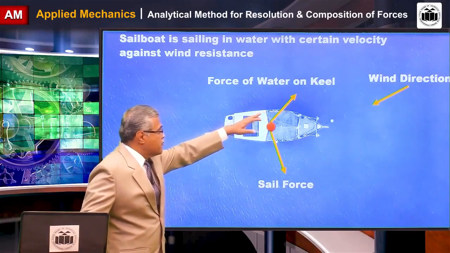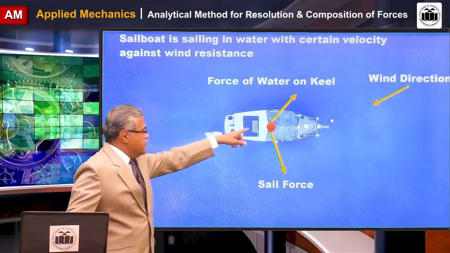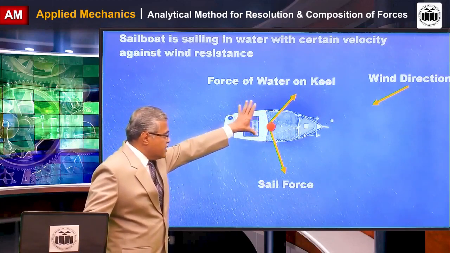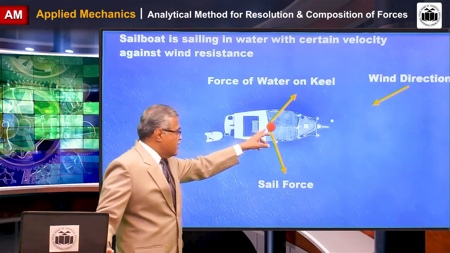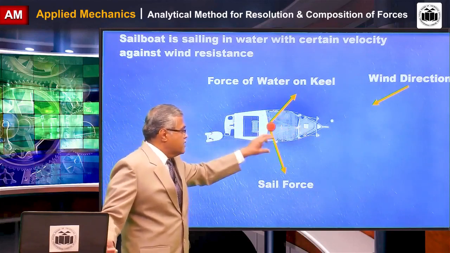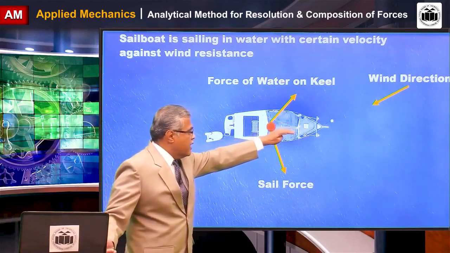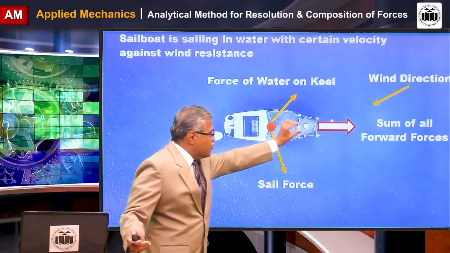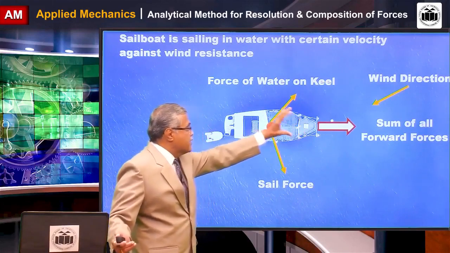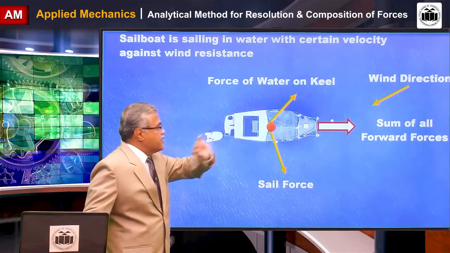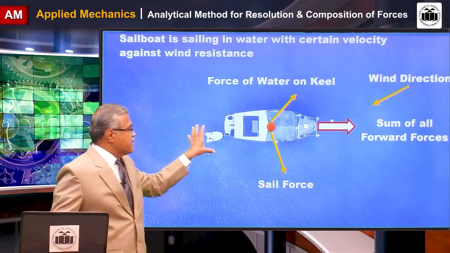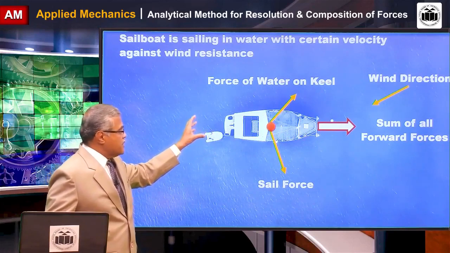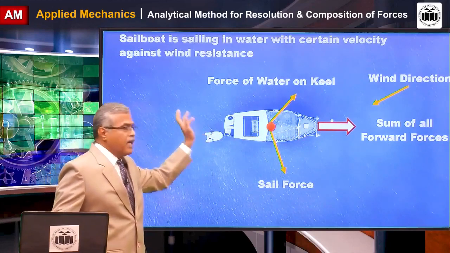This force acts below the water level, and these two forces have vertical components which balance each other, and the other components, which are in the horizontal direction, add together and become their resultant, the sum of all forward forces, and because of this the sailboat moves in that direction. This is one of the best examples to understand the meaning of resolution and composition, and how it is helpful in your day-to-day life.